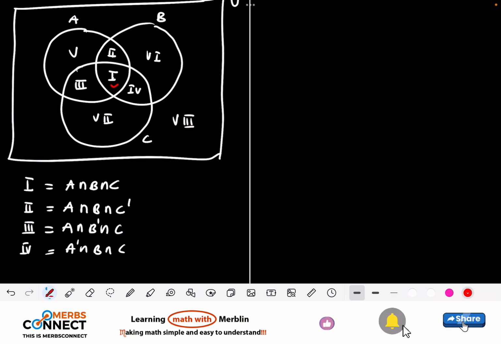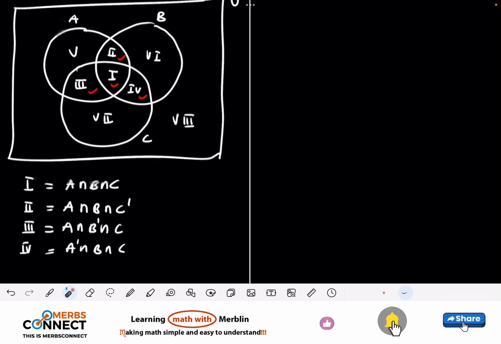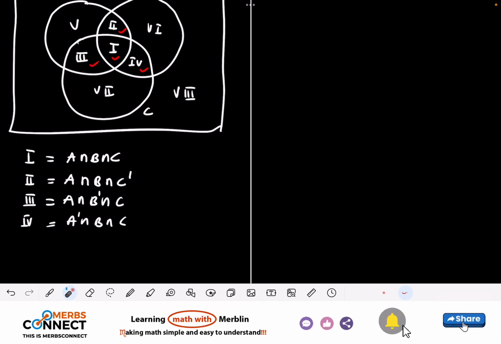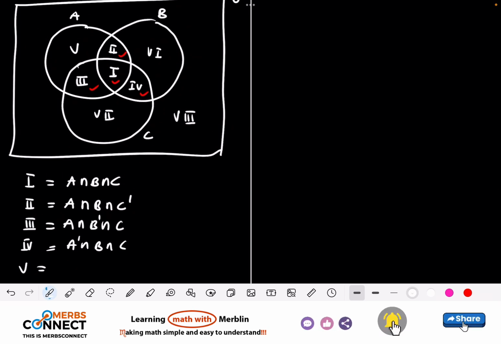We are done with this, and that. Let's come here. Now when it comes to this side, region VII is equal to, now let's look at it.